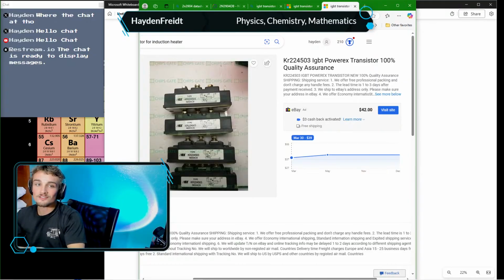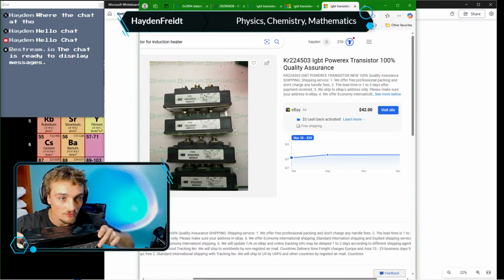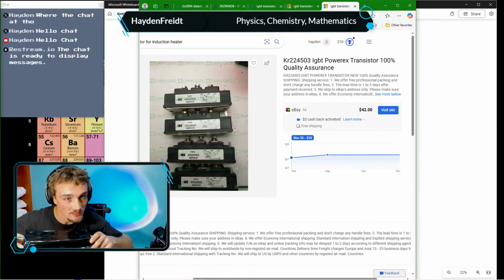Okay, so this is my little germination plant, or whatever you want to call it, the germination center.